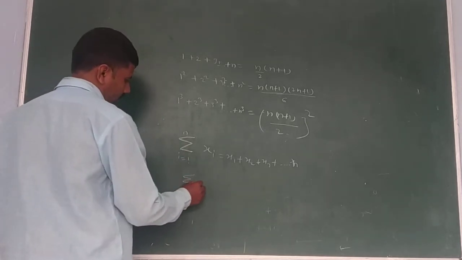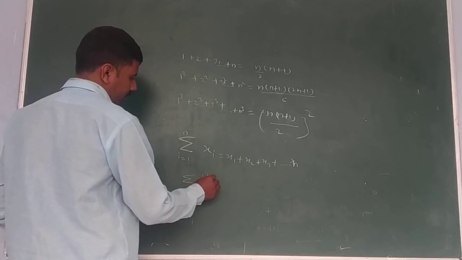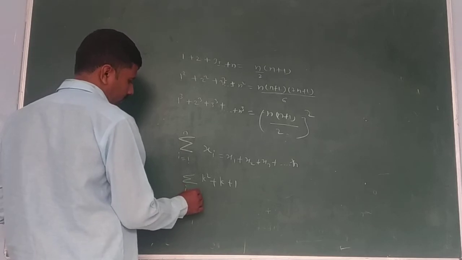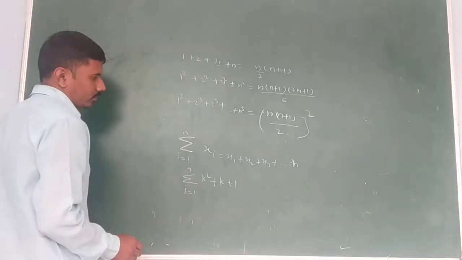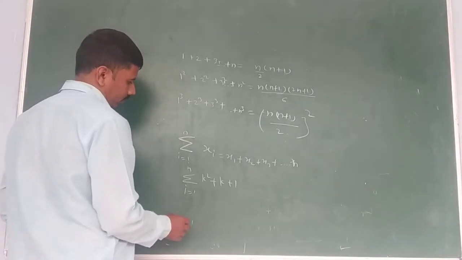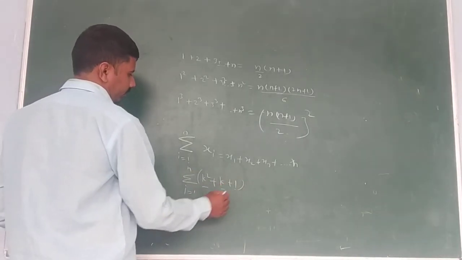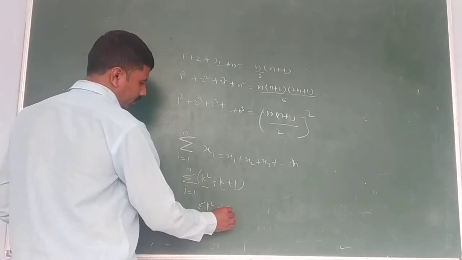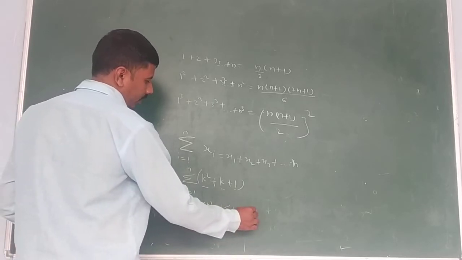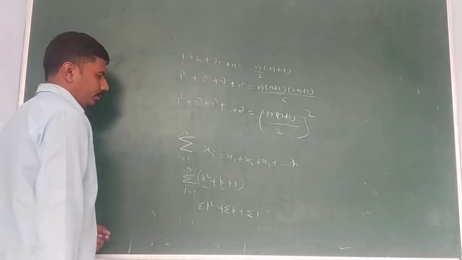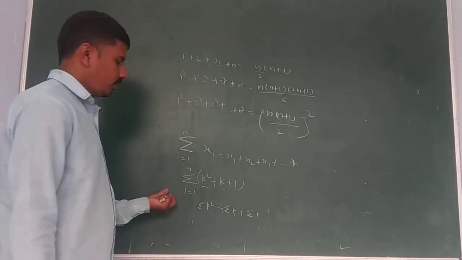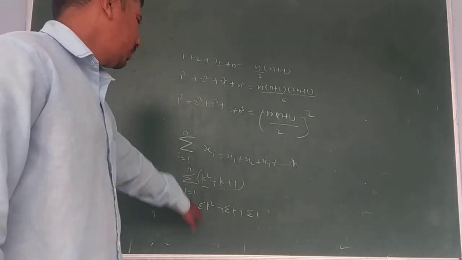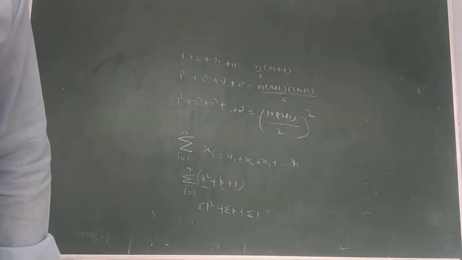Take the summation of k square plus k plus 1 with i from 1 to n. In this case, we perform separate summations: summation of k square separately, summation of k separately, and summation of 1 separately. So likewise, we perform summation. Remember this rule of summation for addition.